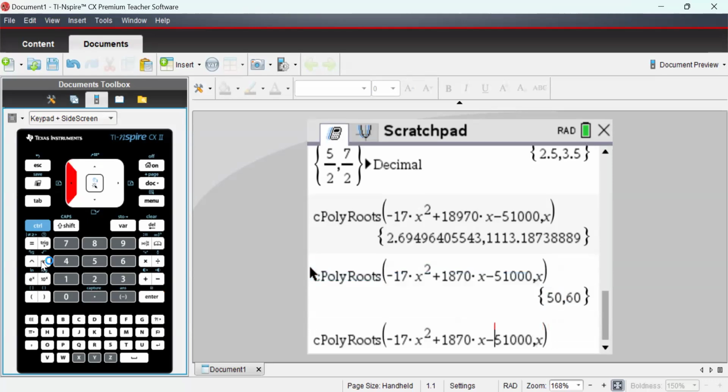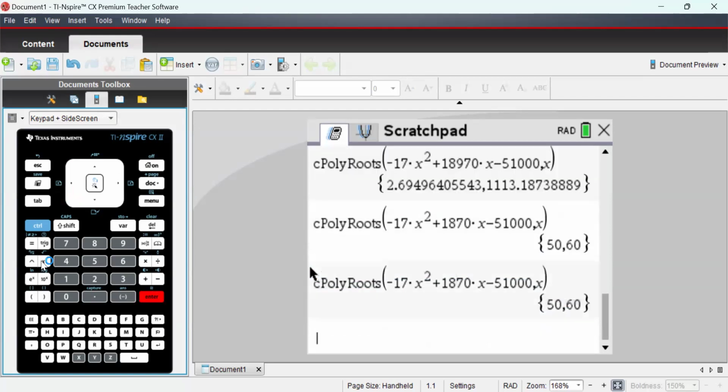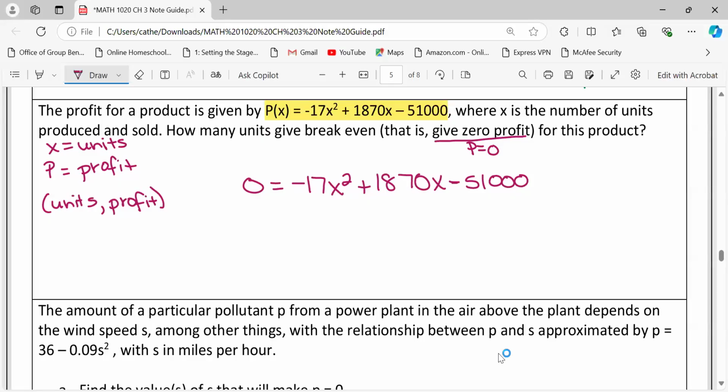So from there, I edited it. I actually accidentally had a 9 in there. I just deleted it, and then you hit enter again. So you don't have to retype the whole thing, but you can if you prefer. So that's going to be at 50 and 60.